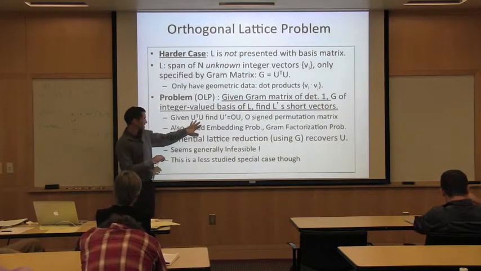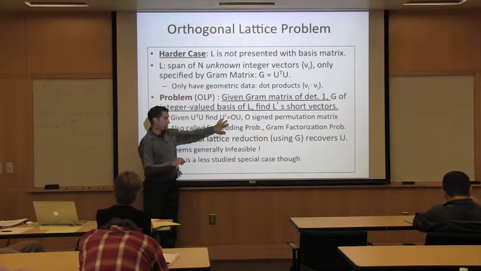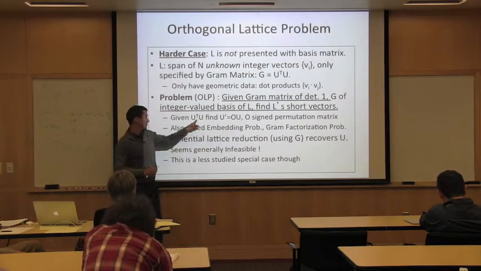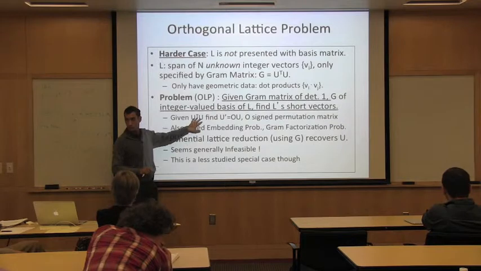So given this Gram matrix, can you find another matrix with integer coefficients, which is a sign permutation times that original u? That's probably the most you could do, given this Gram matrix.